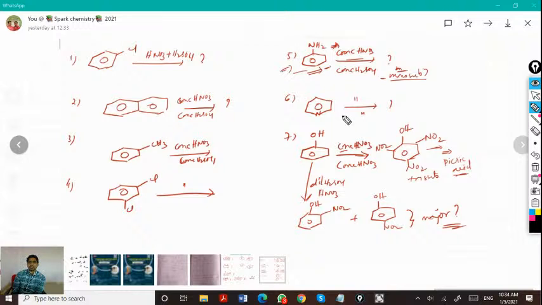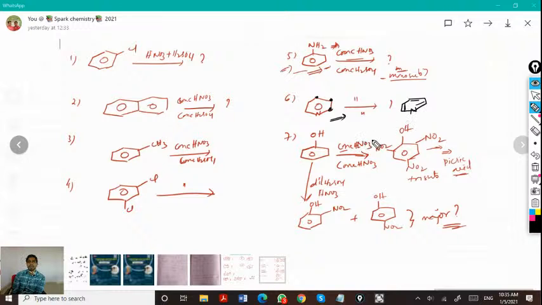So next, if it is pyridine, it is also going to undergo nitration. Here the question comes whether it goes to the second position, third position, or fourth position. To know that, it is an electrophilic substitution reaction.